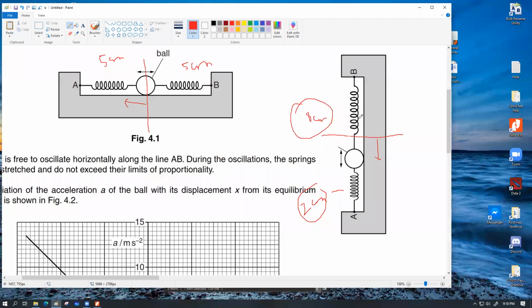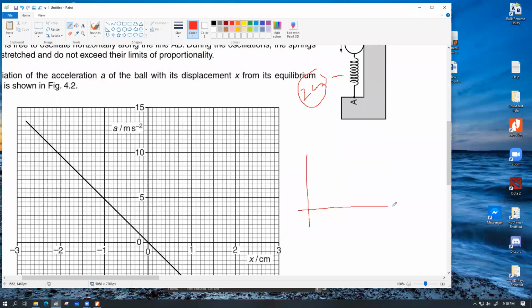Now, if it goes across this elastic limit, you are not going to have simple harmonic motion, because in that case the forces are not going to be the same as your oscillation goes forward. If you remember the force-extension graph for elastic behavior from your AS level, let's say this is the elastic limit or the proportionality limit. The spring got this much extended on the first extension of the oscillation.